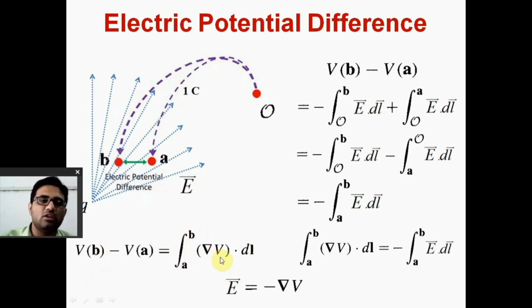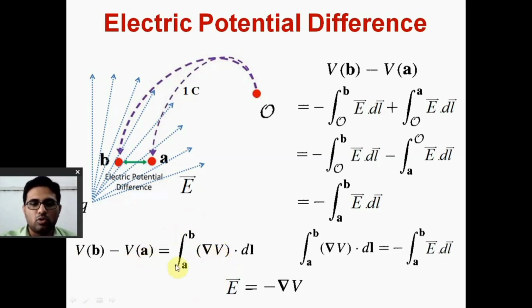Now, what is the gradient of the potential? Potential is a scalar function, you know. Gradient means the maximum space rate of change of any scalar function. So when we apply the gradient on potential, it gives the maximum space rate of change of the potential. This is the definition of the potential difference in terms of the gradient operator on the potential.